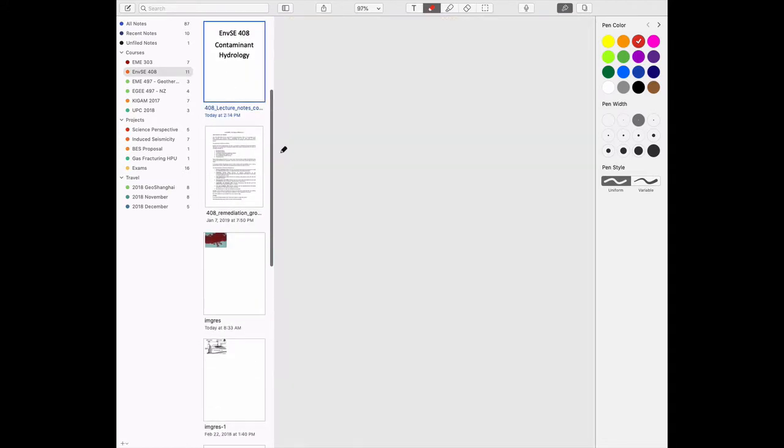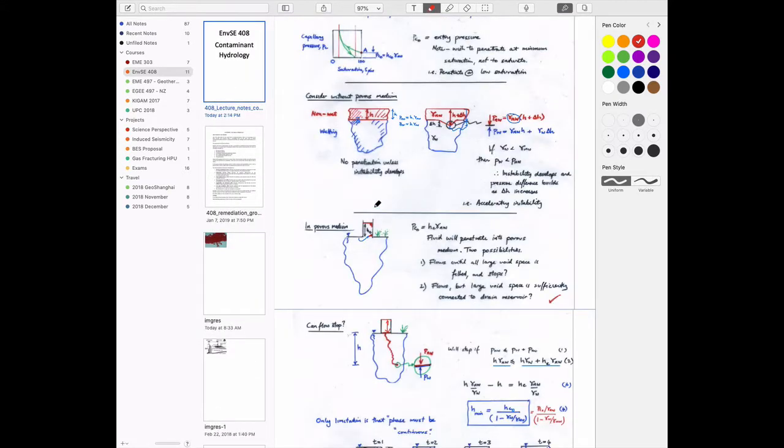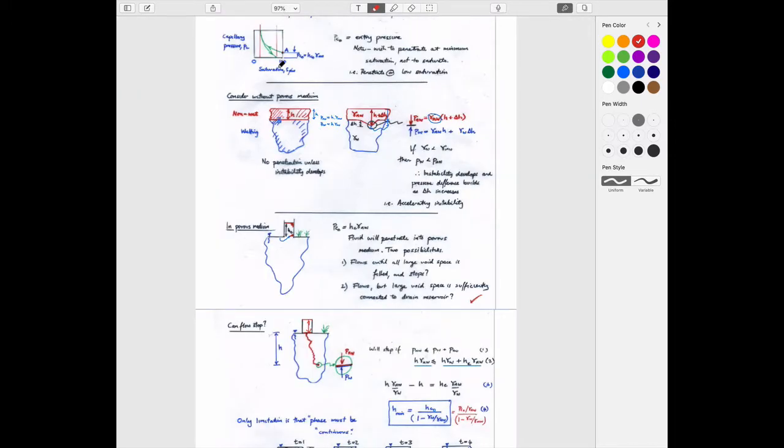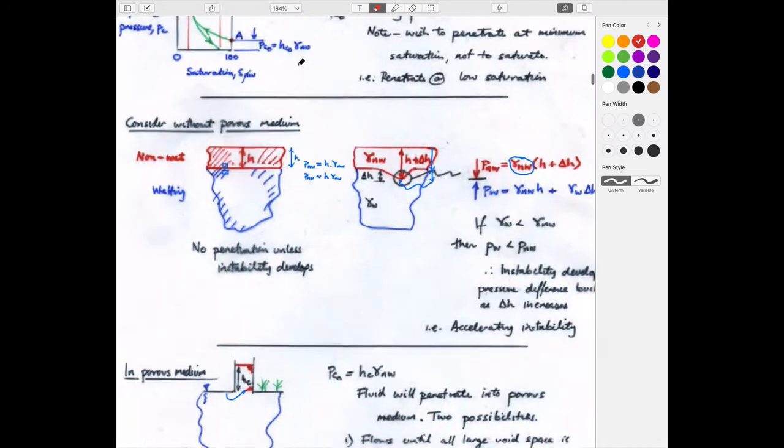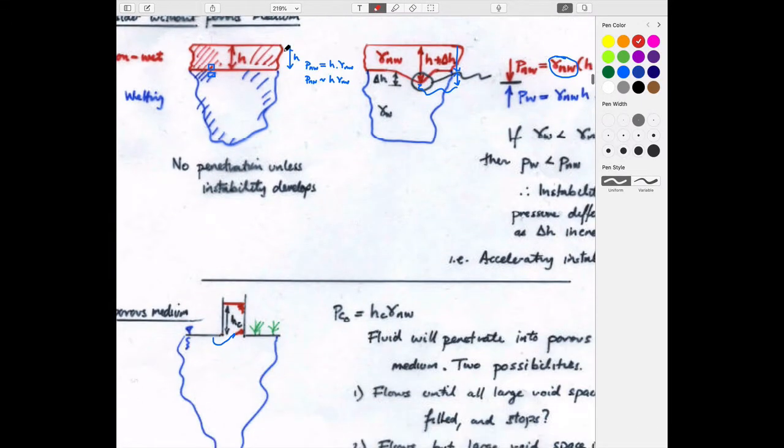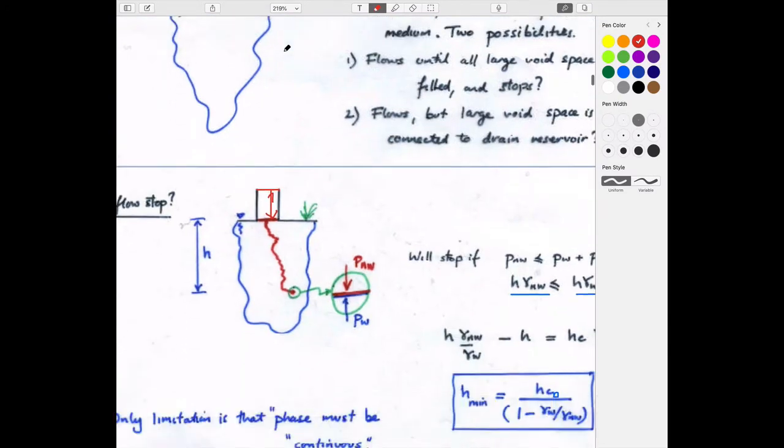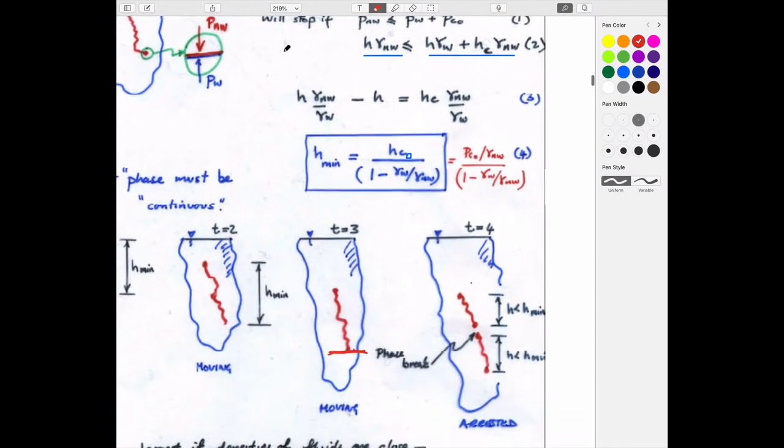And so, unfortunately, we have two numbers for this. We have this value that we see here, which is HC0, and we have this value that we see here, which is HC0 divided by a number that has to be smaller than 1. So it's larger than HC0. And so why do we have two numbers?